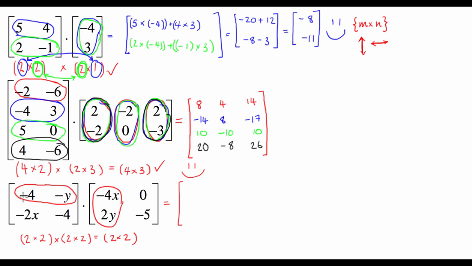Cool, so we're going to have negative 4 times negative 4x is going to be positive 16x. We're going to be going negative y times 2y is negative 2y squared.